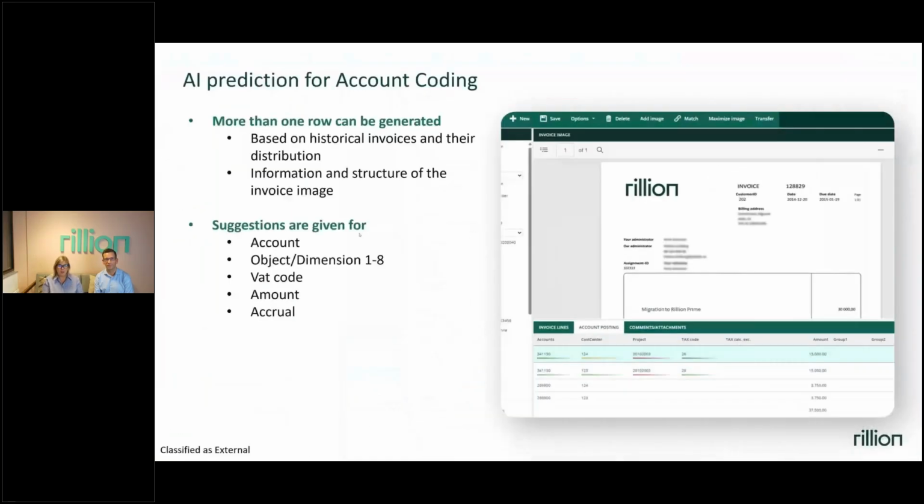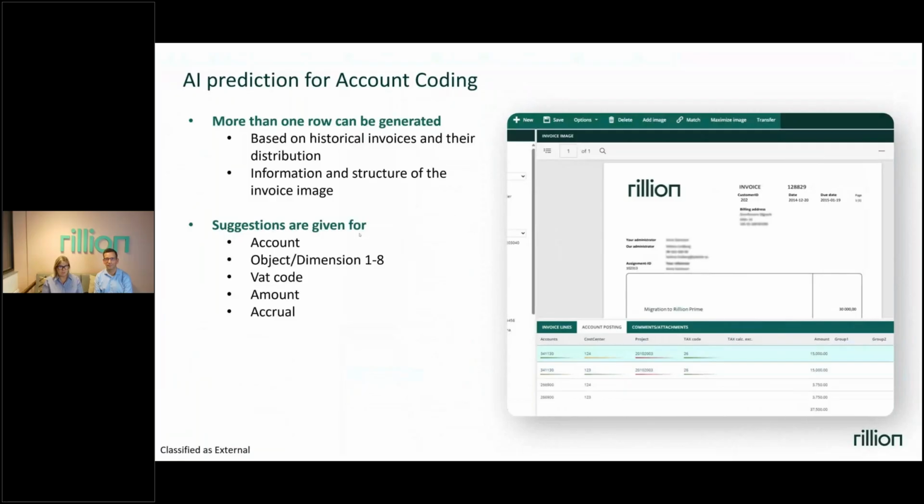As I said, this we have had for a long time, and we have a lot of customers using it. When it comes to the account coding of invoices, the AI can generate more than one cost line. It works best up to about 3 lines, and that is all based on the data that you have in the history.